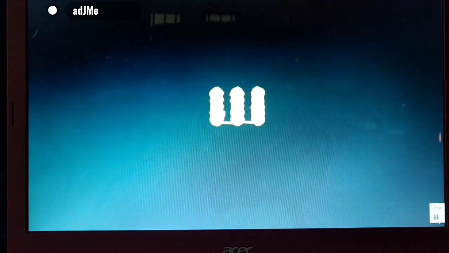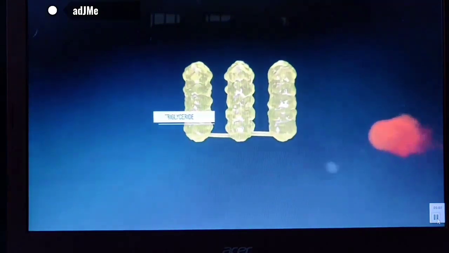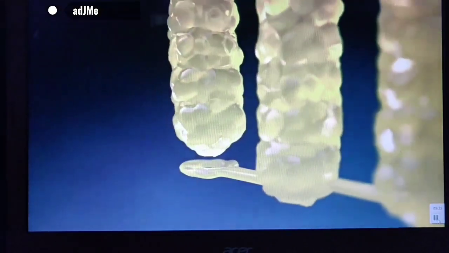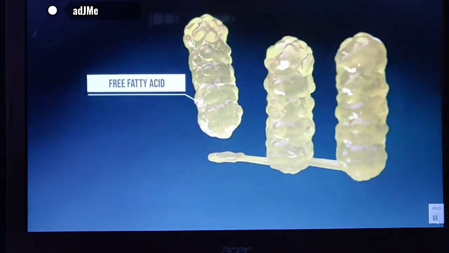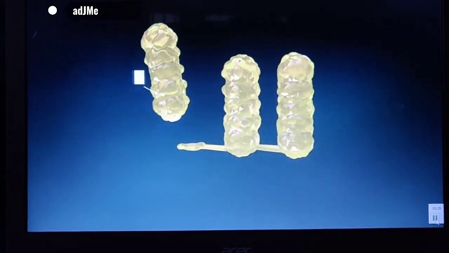Like that you have lipase, which breaks down or digests the fats into fatty acids and glycerol. This is just an idea.